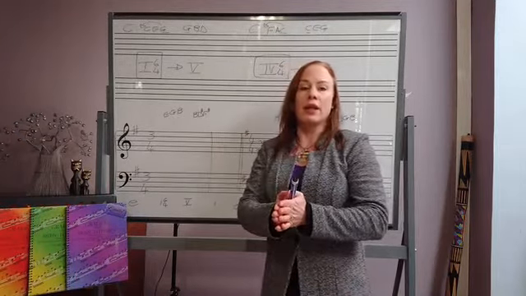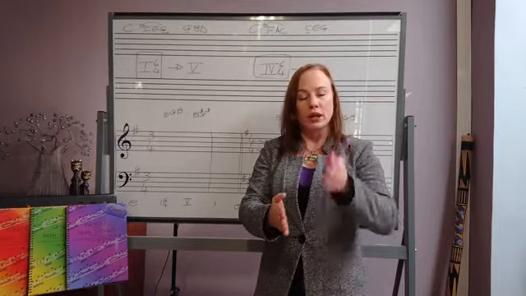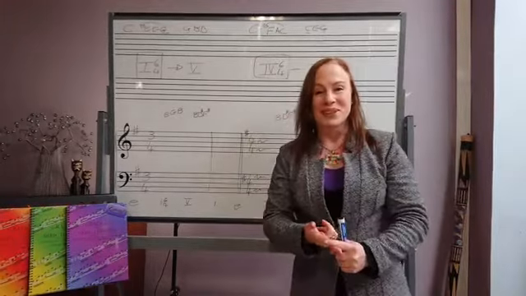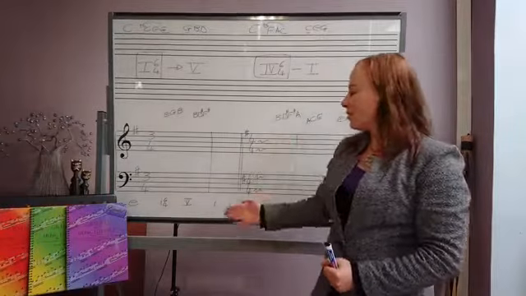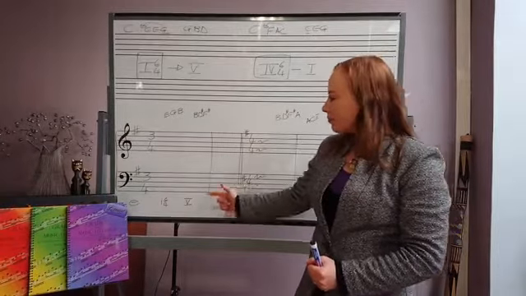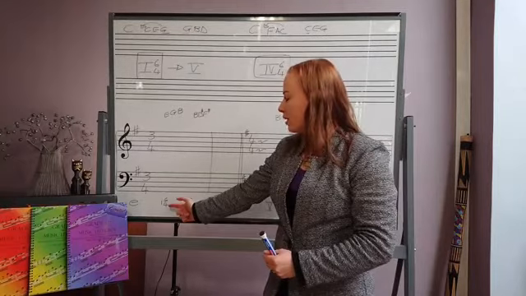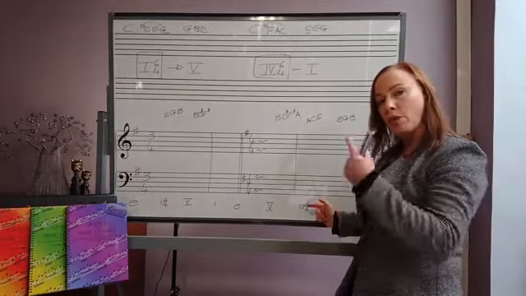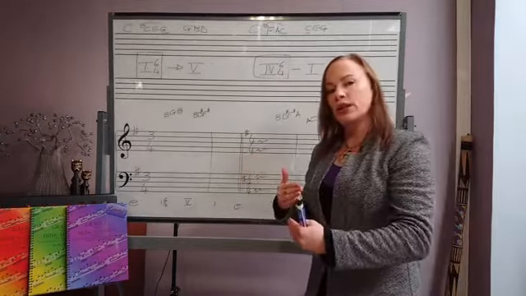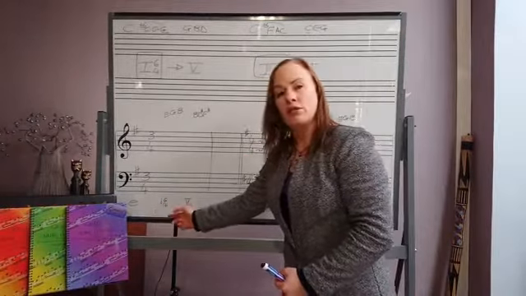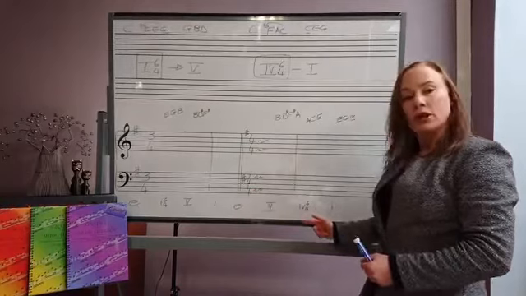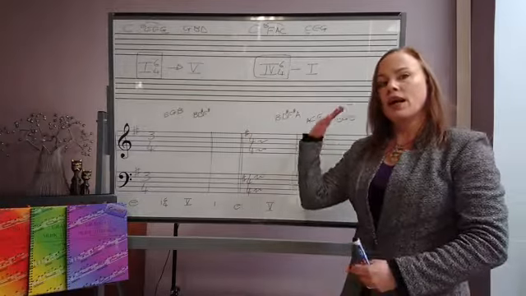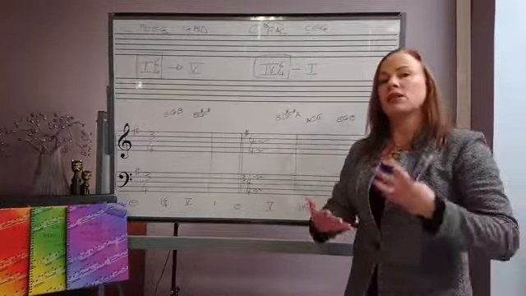If you look at this example here at the bottom, you can see that it's at the beginning of my bar, and also in my second example at the beginning of the bar, but the difference is that I can either use the cadential 6/4 chord in front of my cadence, or I can use it in the middle of my cadence. So here my cadence is V-I. Either before the cadence or in the middle of it, but just as long as it is on the strong beat.